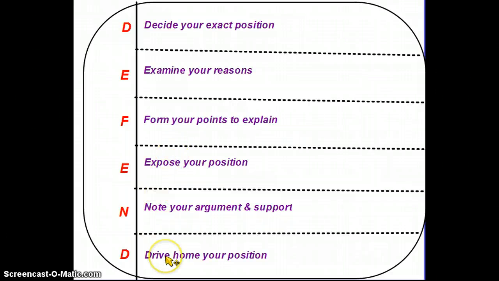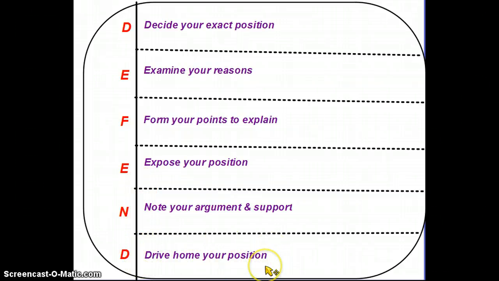And finally, remember, the most important thing to do about a piece of persuasive writing is to make sure that you are constantly reminding your audience what your exact position is. Once you have detailed your exact position over and over again, remember, it starts at decide your exact position and it ends at drive home your position.